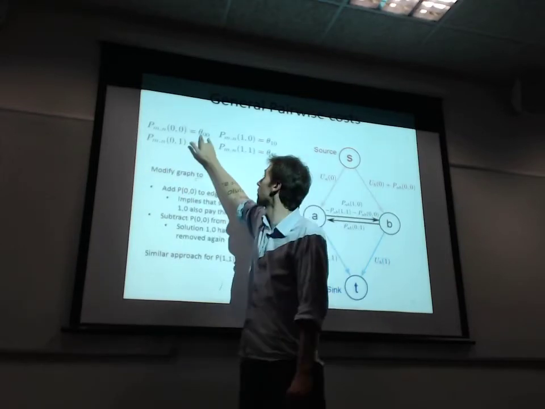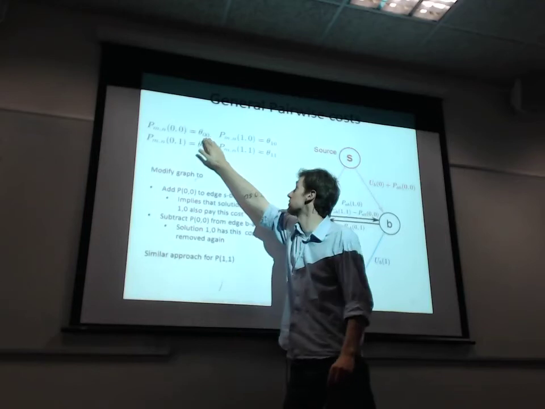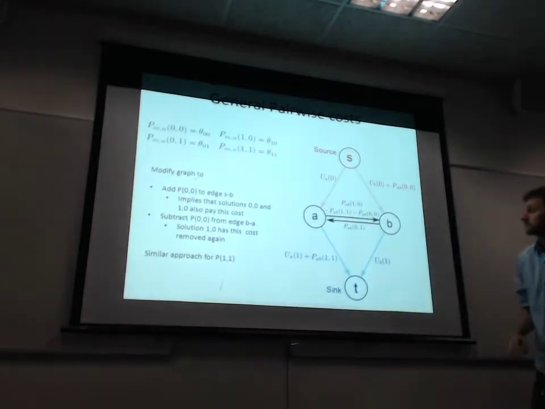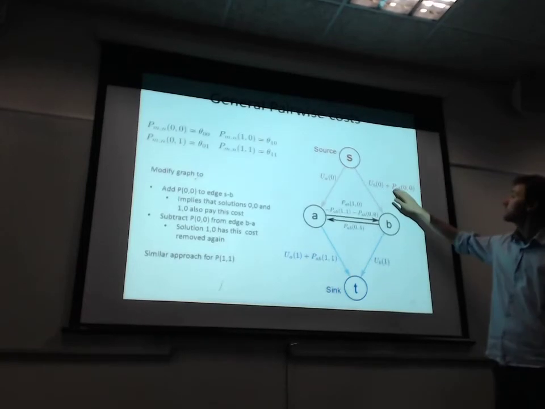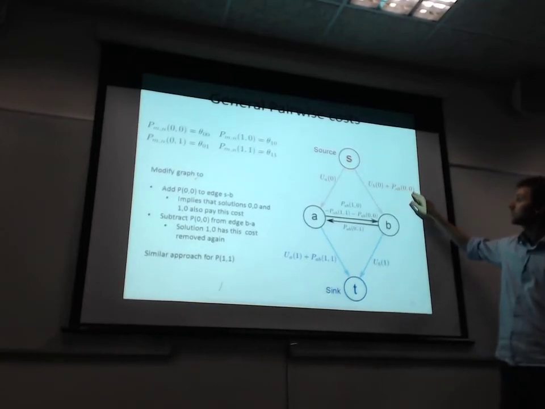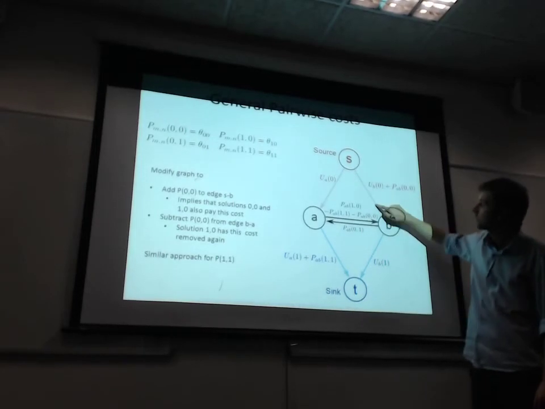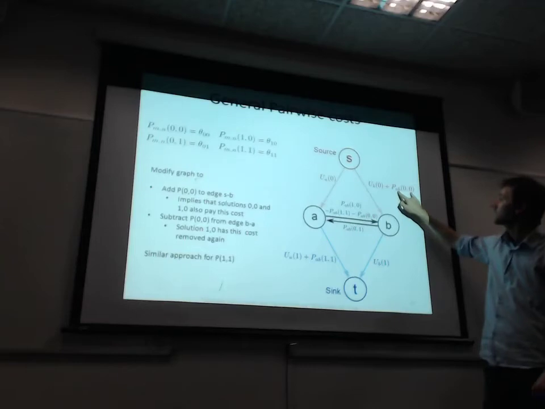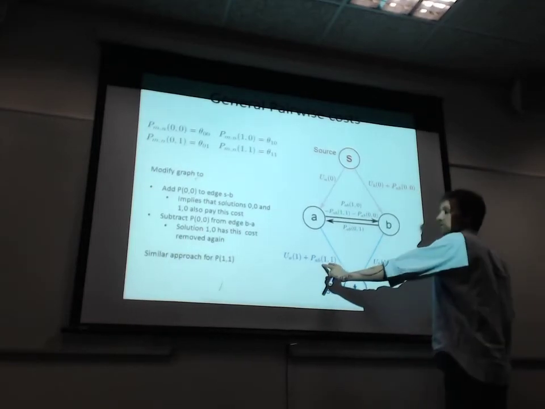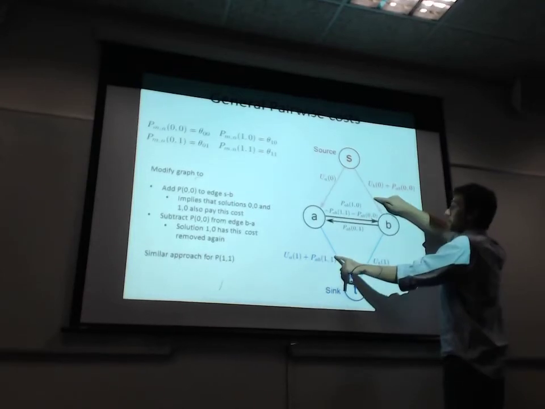We have to now incorporate, we have to throw these terms in there, that one and that one. Theta 0,0 and theta 1,1. So the trick to do that is we add in PAB 0,0 onto one of the unary terms, and we add PAB 1,1 onto the opposite one. We could have done it the other way around.